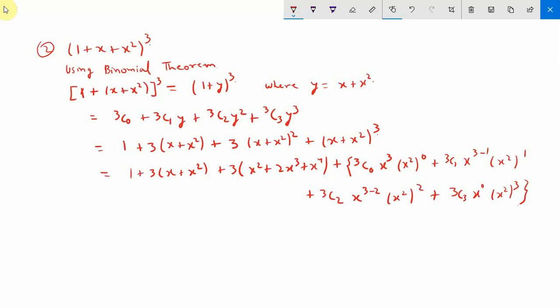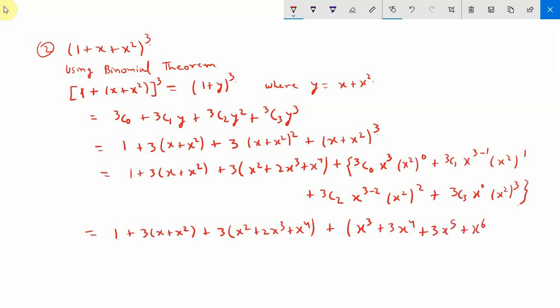So again simplifying, we will get 1 plus 3 into x plus x square plus 3 into x square plus 2x cube plus x to the power 4, plus, now this again we will simplify, we will get x cube plus 3x to the power 4 plus 3x to the power 5 plus x to the power 6, and after adding similar terms we will get x to the power 6 plus 3x to the power 5, okay, x to the power 5, how many terms?